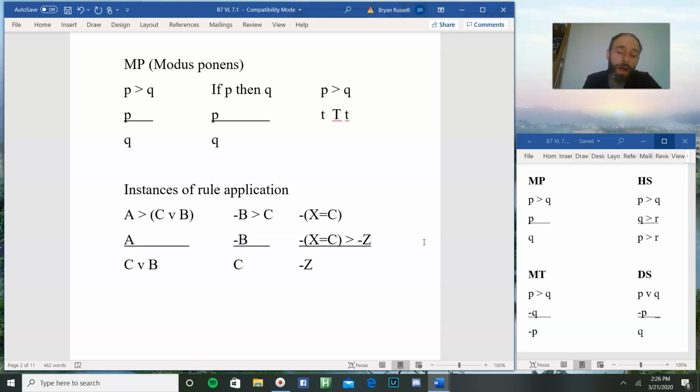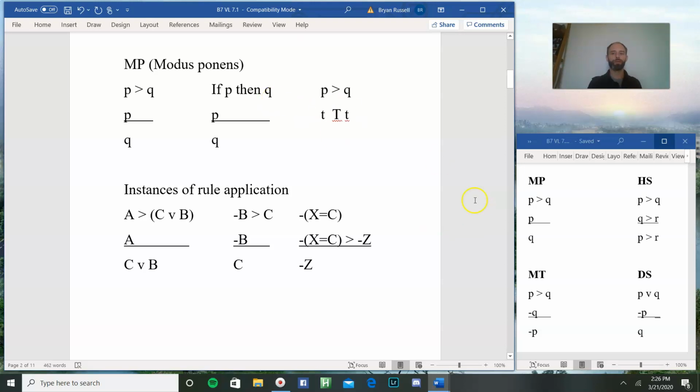So now we can derive everything that comes after the horseshoe. So we can derive tilde Z. So note the P here is tilde X triple bar C. And the Q here is tilde Z, again demonstrating that P and Q can be very complex, but as long as the main operator is a horseshoe, and on another line we're given the antecedent as also being true, then we can derive the consequent.